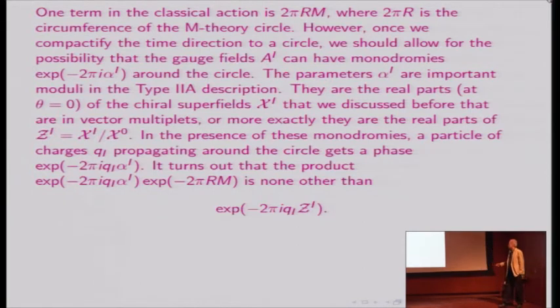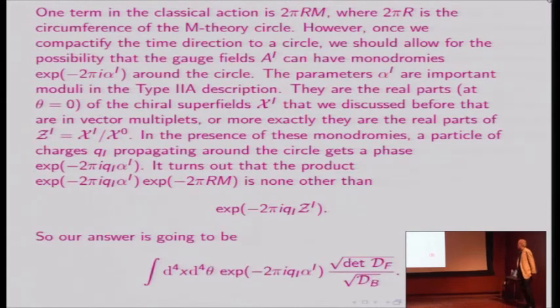Z is basically one of the chiral superfields in 4 dimensions, or more exactly, it's a ratio of the chiral superfields that I had used earlier in the lecture. Gosh. So our answer is going to be, another misprint, unfortunately. This alpha should be z. Our answer is going to be d4x d4 theta times this factor times what we will get from the one-loop determinants.